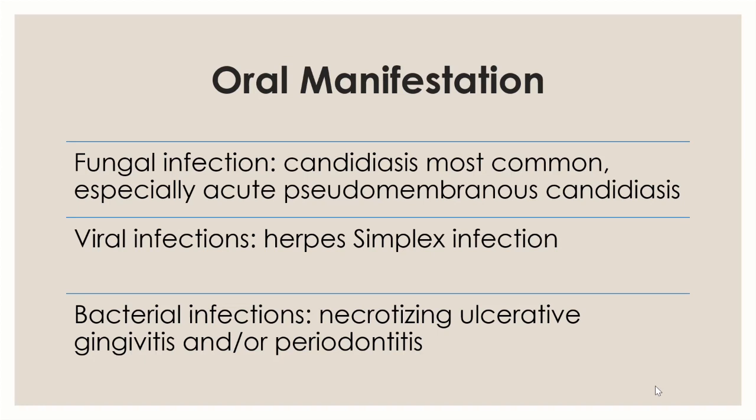Esophageal candidiasis is the hallmark feature of the condition, and it occurs when the CD4 count drops below 100 per cubic millimeter. Viral infections are also common, especially herpes simplex viral infection.